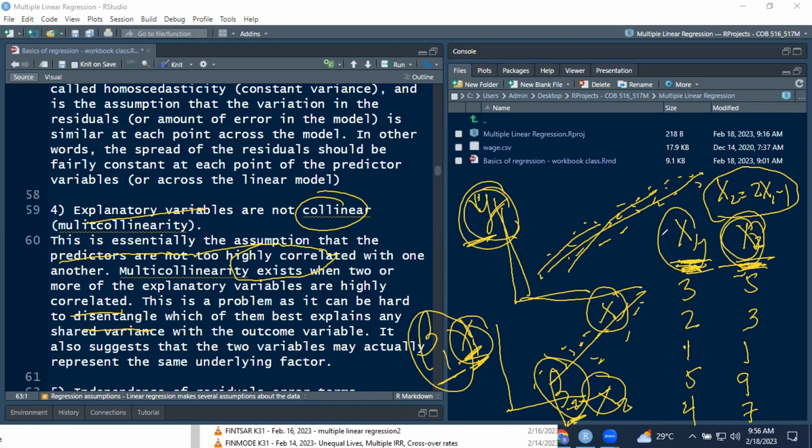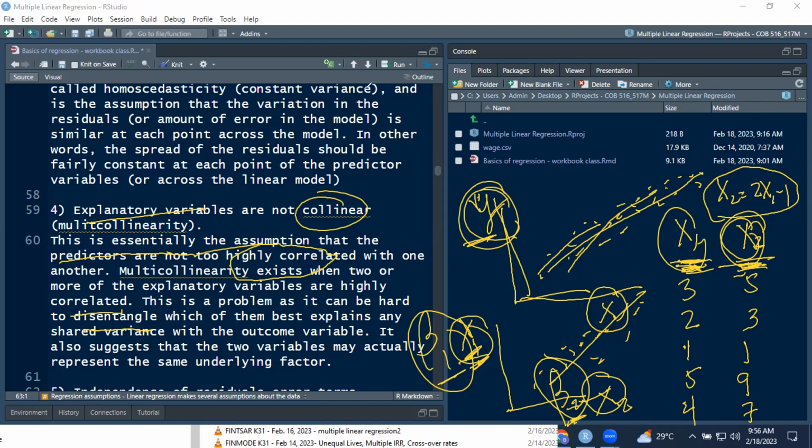Let's just repeat, class. Number 1, dapat, linear dapat yung relationship ni y at saka ni x. Which we already discussed. Ayaw natin na si y at saka x quadratic or polynomial yung relationship nila. Our model will not work kung ganun yung relationship nila.